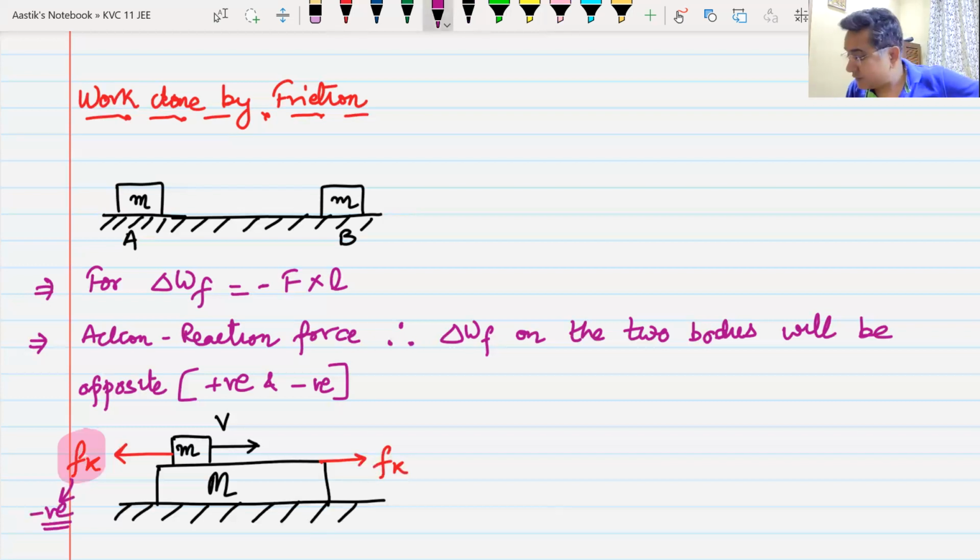Now tell me, where is this green body going to move? There is no friction between ground and this green body. Where will this green body move, and who is moving this green body?